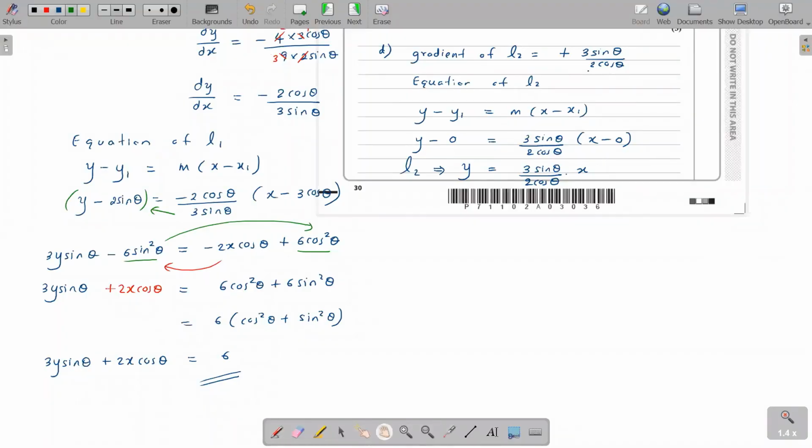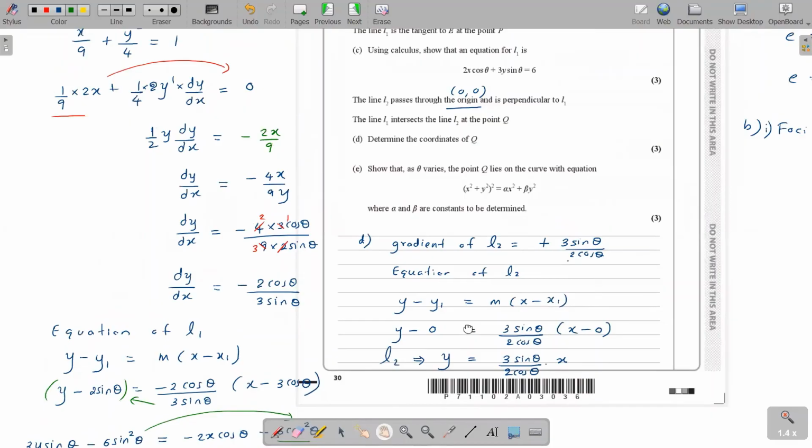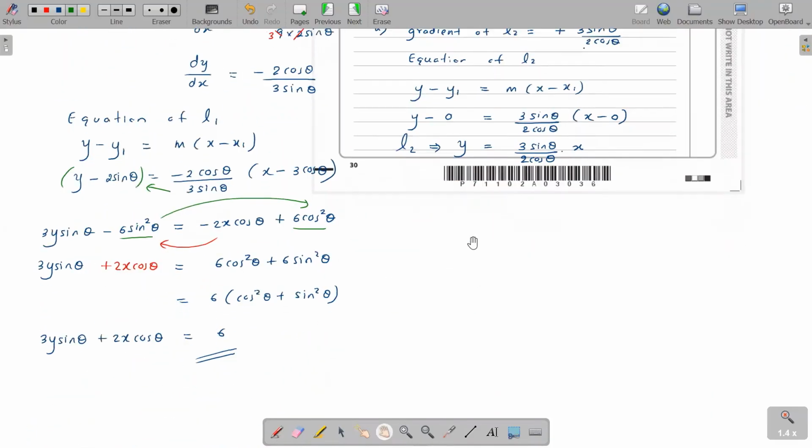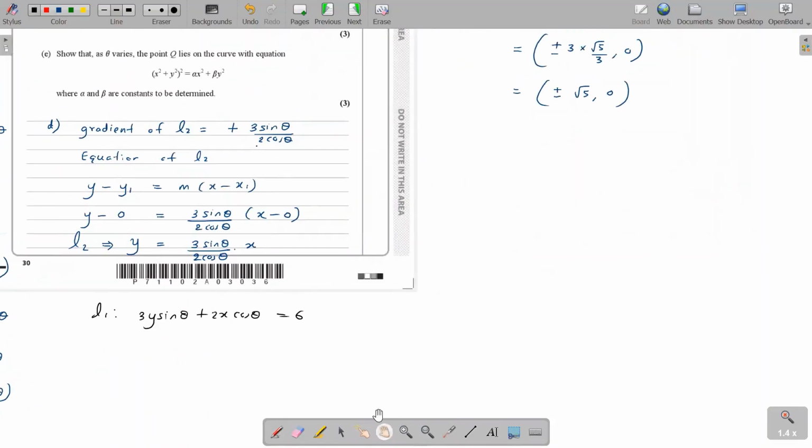Okay, so then point Q is the place where the lines intersect, right? L1 and L2 intersect at the point Q. So to get point Q, what we do is we'll solve line 1 and line 2 simultaneously. So line 1 equation, we get 3y sine theta plus 2x cos theta equals 6, right? So coming back to our question, we were over here.